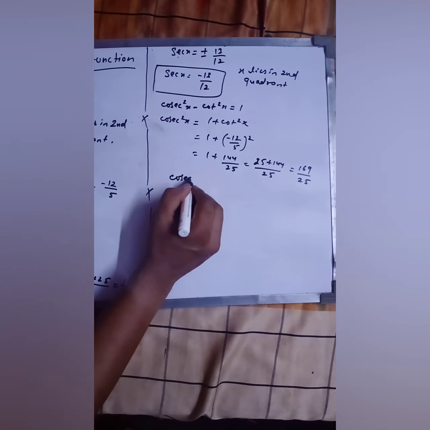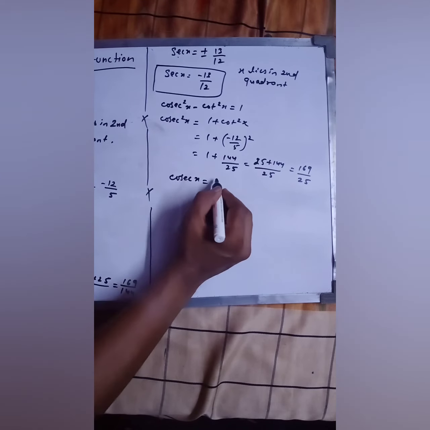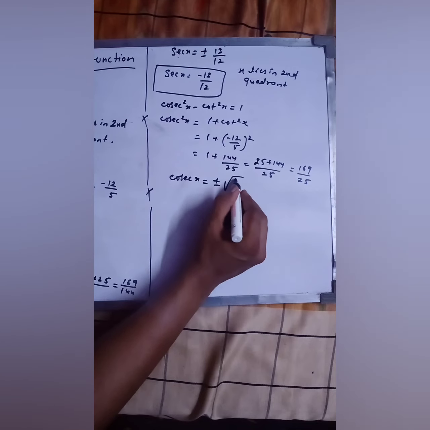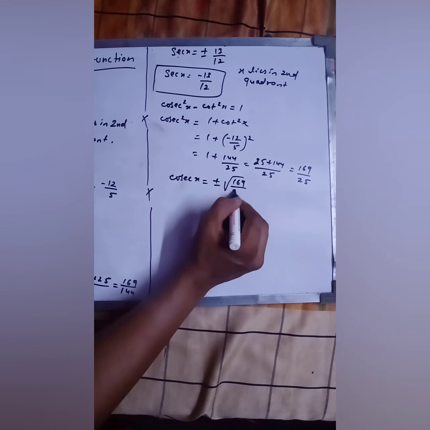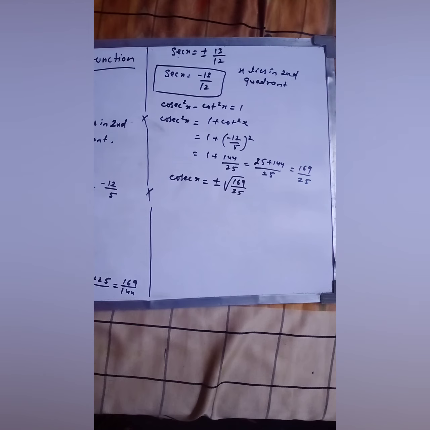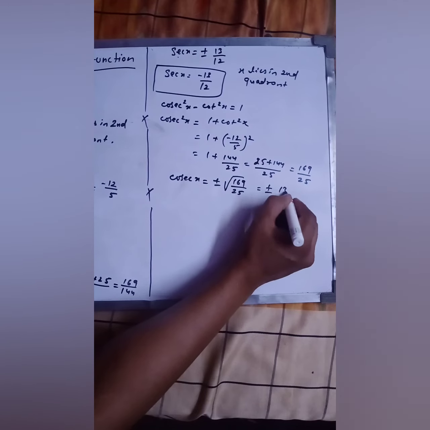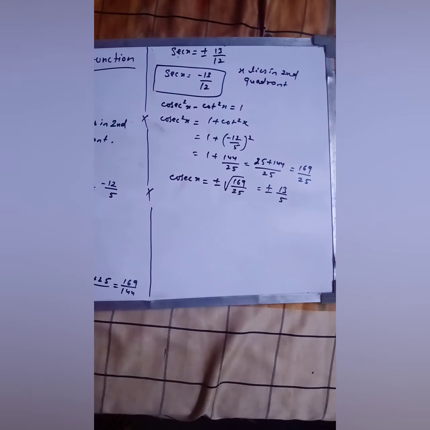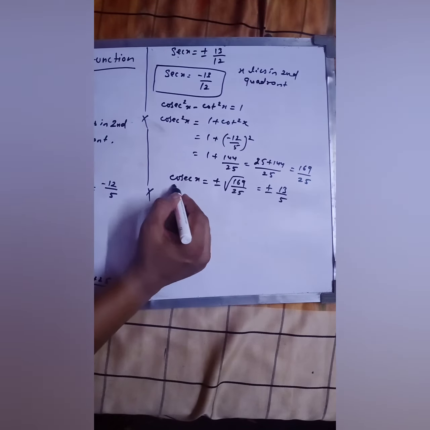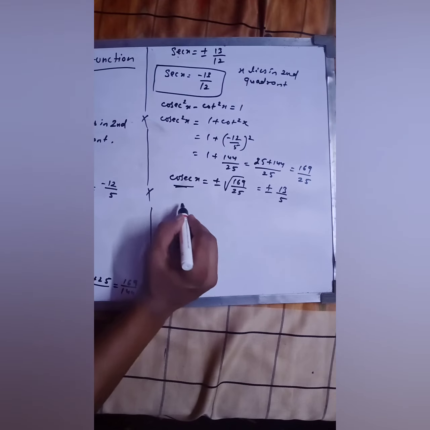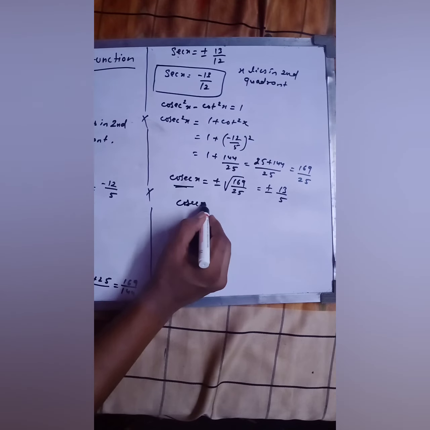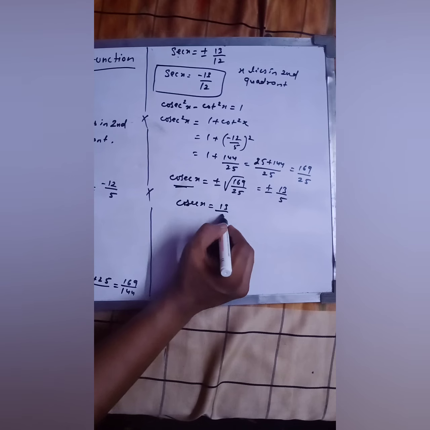So your cosec x would be plus minus under root 169 over 25. Fine. Now this would be plus minus 13 upon 5. Now again you have to check in second quadrant, cosec is positive, so the value you have to take is positive, 13 by 5.